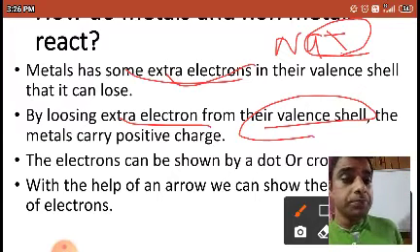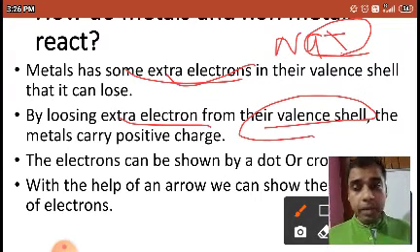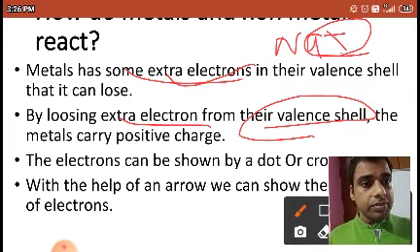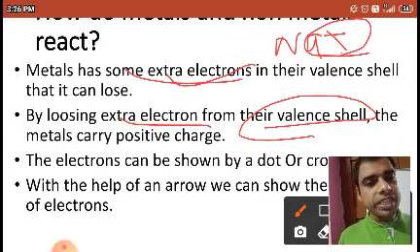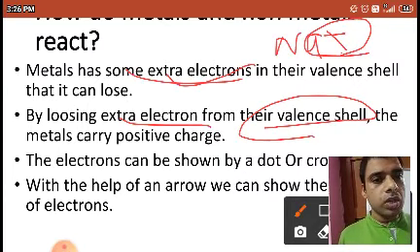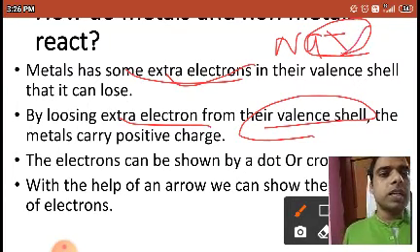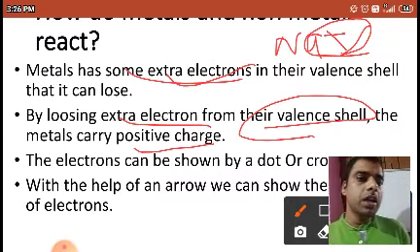It is like when I borrow money, I go into the negative, because I have taken a loan from someone, and a loan sign is negative. And if someone is giving something to someone, that means a positive charge. So this is carrying a positive charge.